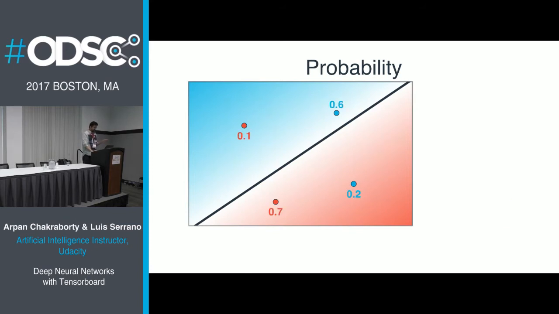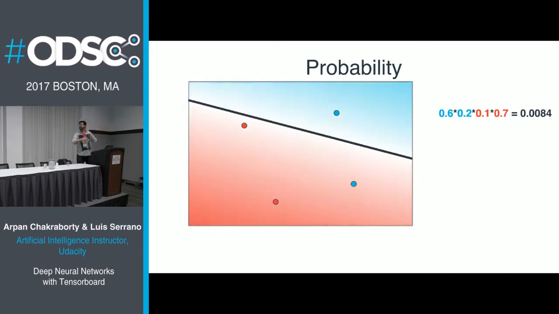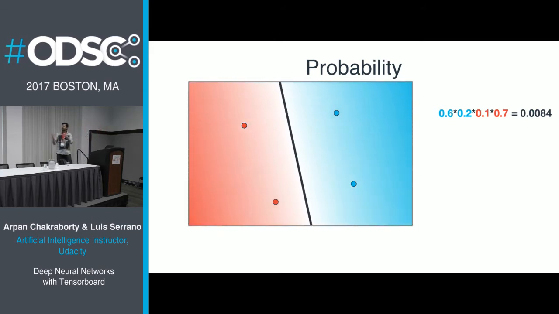Let me repeat that. We have this over here. And now, if we could only maximize probabilities, if we could just take steps to make this probability better, now we have a much better model, because this model has 2 red points in the red area and 2 blue points in the blue area. Again, this model gives us probabilities. Let's say the probabilities it gives us are 0.8 and 0.6 for those 2 being red and 0.7, 0.9 for these 2 being blue.